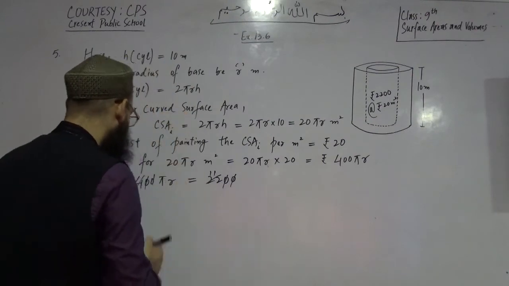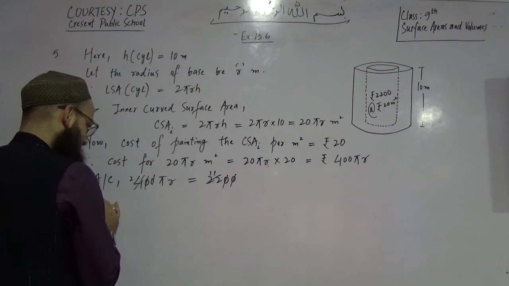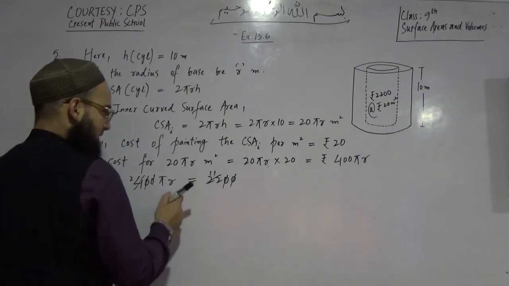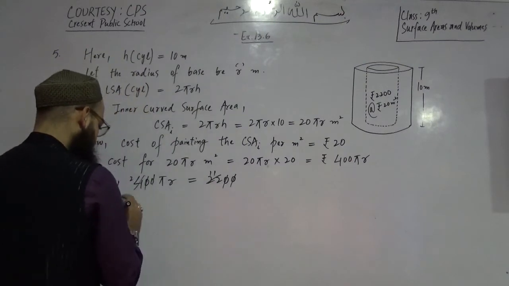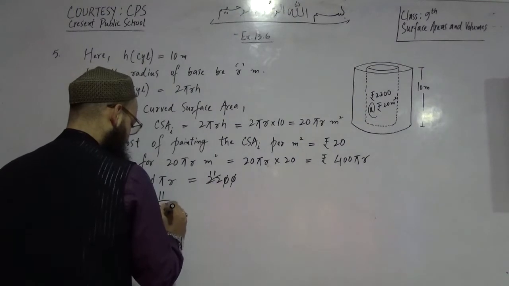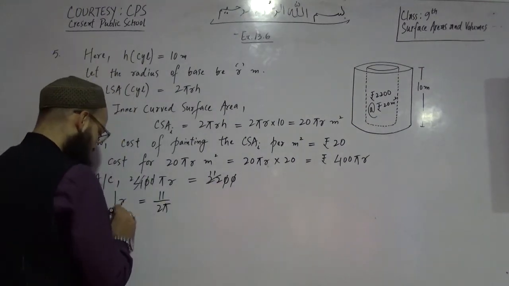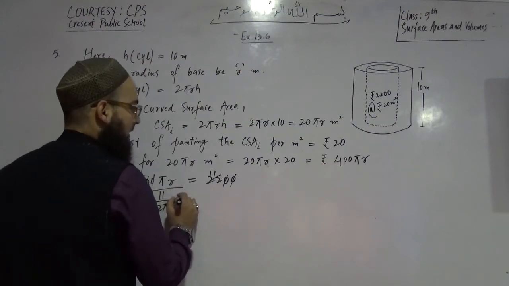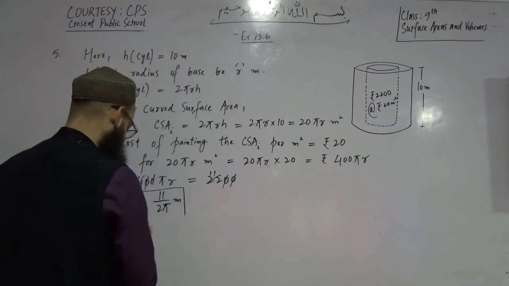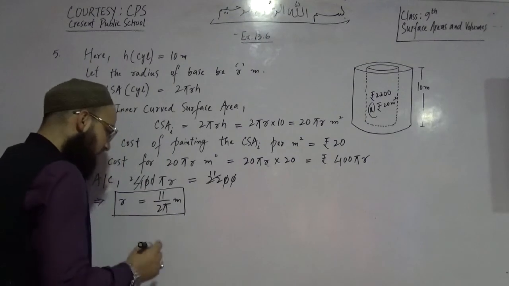So you'll get 2 pi r is equal to 11. So that means r is equal to 11 by twice pi. That is your radius, 11 by 2 pi meter.